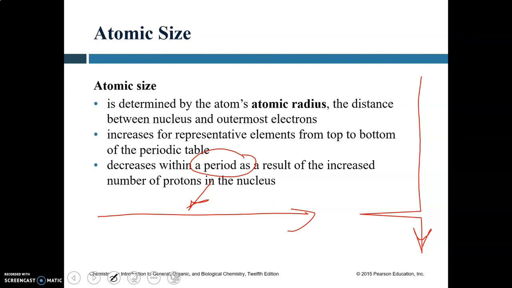So to summarize, the size of an atom increases for representative elements from top to bottom because the number of energy levels becomes higher and higher. And atomic size, or atomic radius, changes in the period from left to right because the number of electrons and number of protons increases, and there is a stronger attraction between the electrons and the nucleus.